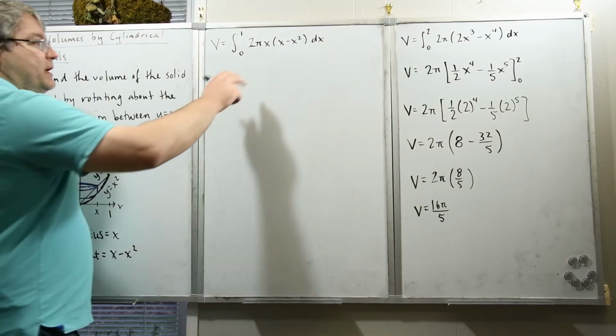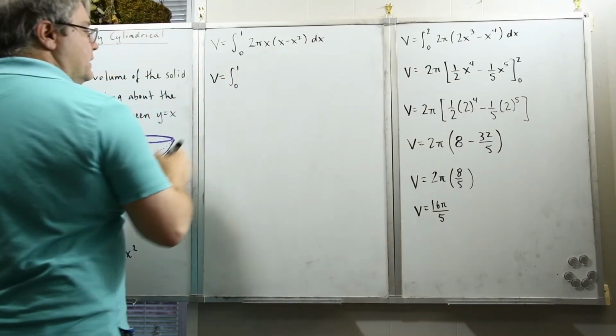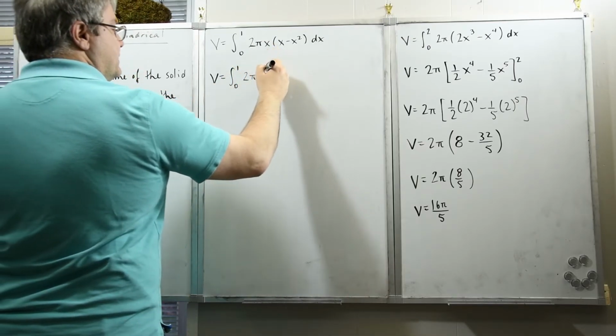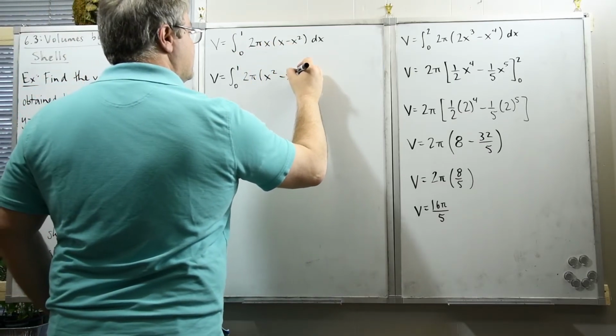And so we multiply the x by the x minus x squared. We'll have V is equal to the integral from 0 to 1, 2 pi times x gives you x squared. X times a negative x squared gives you a negative x cubed.